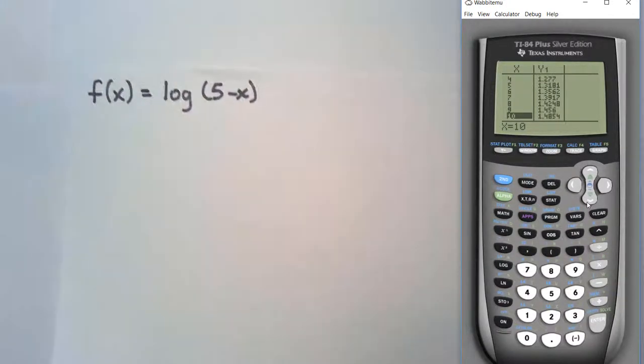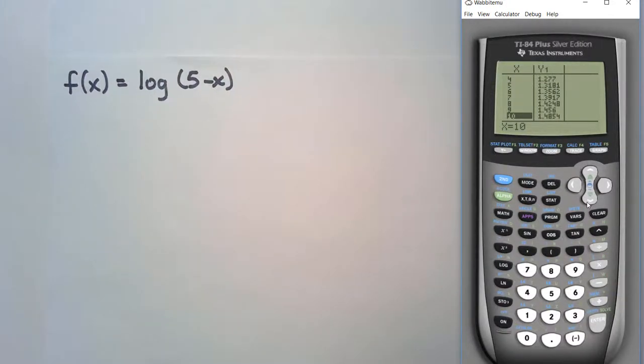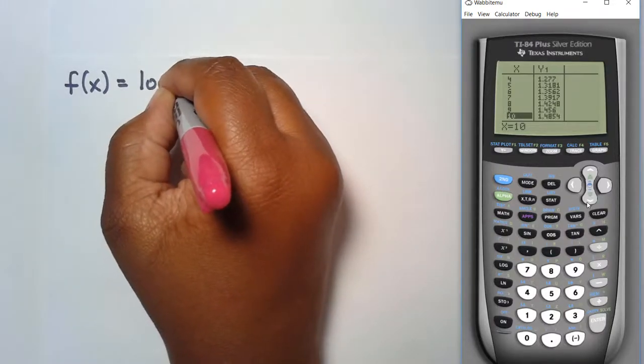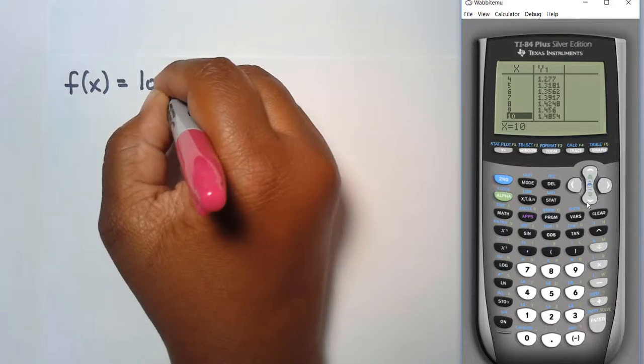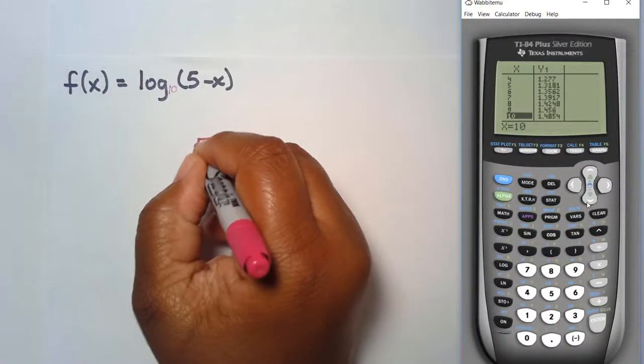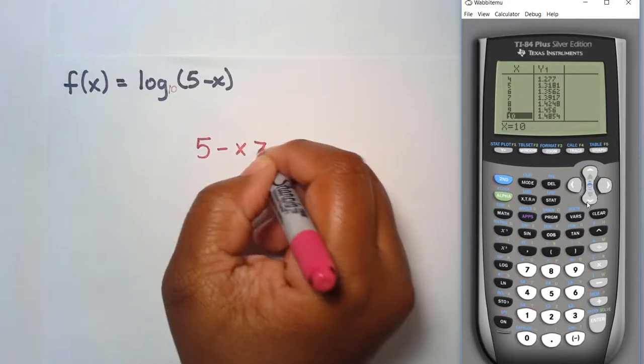Let's do another example. Finding the domain, we have f of x is equal to log of 5 minus x. Here again, I'm going to keep reminding you this throughout the videos: when there isn't a base shown, it's an understood base of 10. So we're going to set 5 minus x greater than 0.